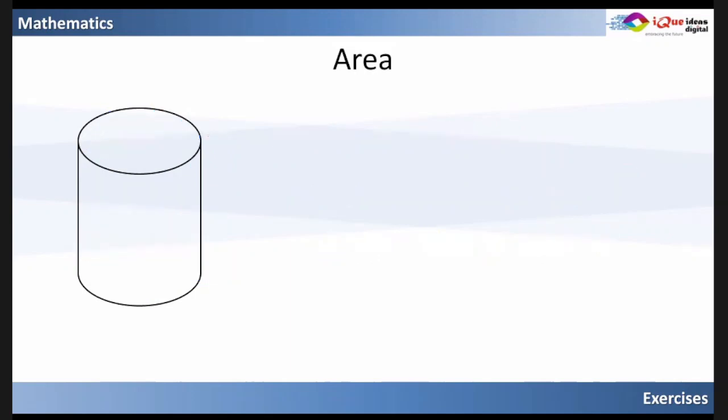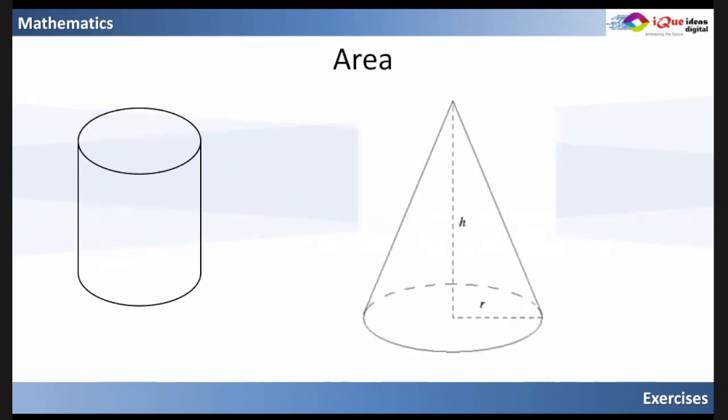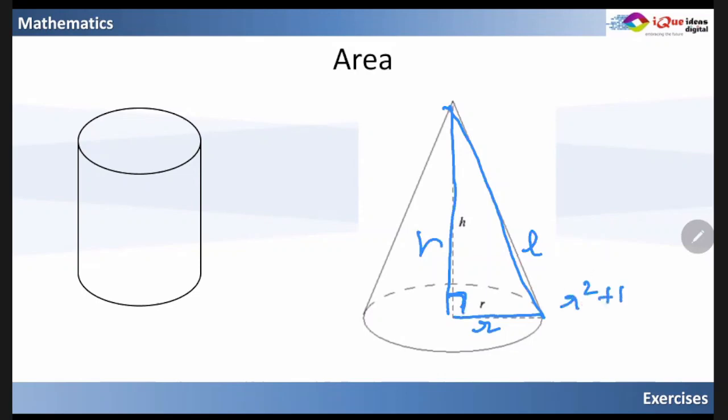Okay. Then if I take a look at a cone, right, Joker's hat or ice cream cone, again we can consider it to have a radius r, the perpendicular height h, and the slant height L. Right angle triangle, so obviously r square plus h square is equal to L square.